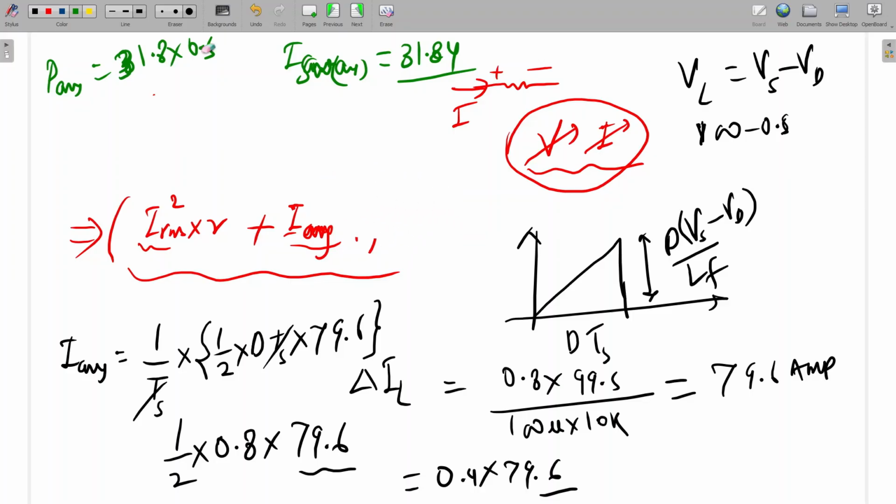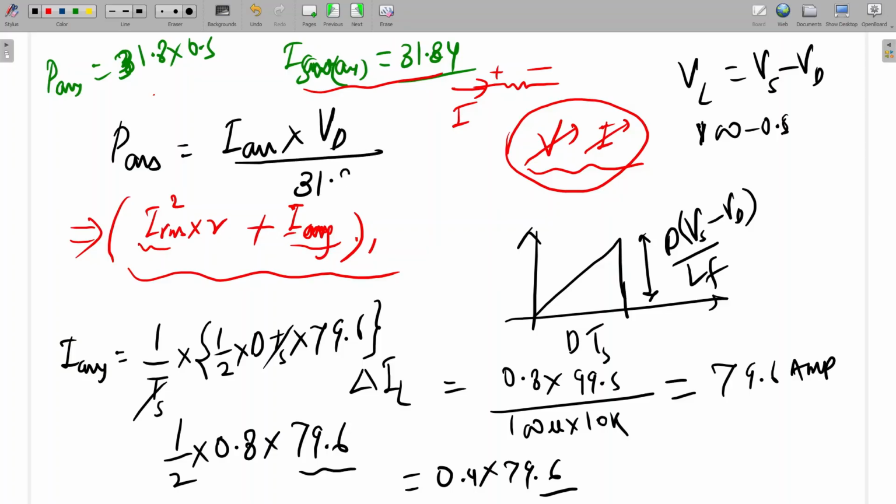So we use the average value, already calculated. P average will be I average into VD. So 31.84 into 0.5 is 15.92 watt. So we have to be careful.